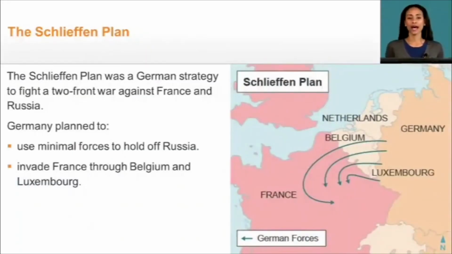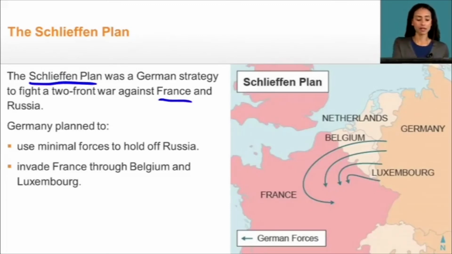Once the war began, the system of alliances created a conflict that involved many different countries. And so Germany finds itself fighting a two-front war, and so it decides to create the Schlieffen Plan as a strategy to engage in this conflict, fighting against France to the west and Russia to the east.